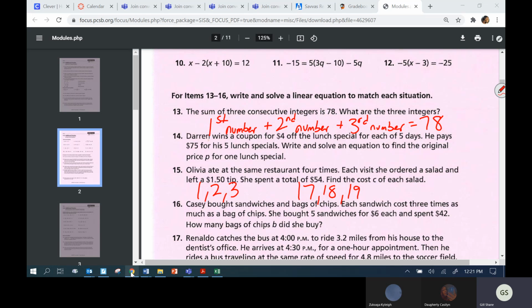So here's what we're going to do. We're going to say, well, I do need to have a variable. It is about an unknown number. It's about 3 unknown numbers, but I definitely have to start with something. I always let x be my first number in a problem like this. So x is going to be my first number.